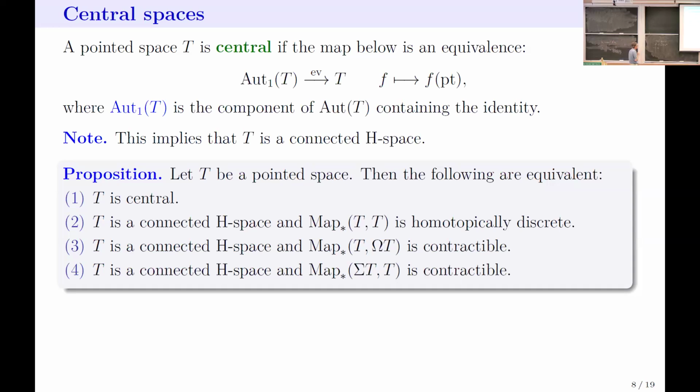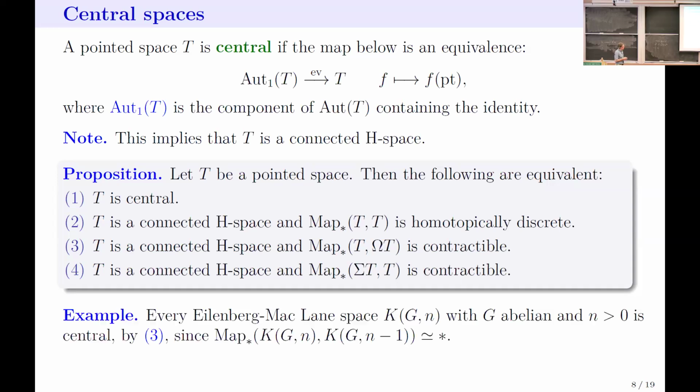The third one says that the pointed maps from T to its own loop space is contractible, and the fourth says the pointed maps from the suspension of T to T is contractible. Okay. It's not too hard to see that 2, 3, and 4 are equivalent. It's a little bit trickier to get the equivalence to 1.